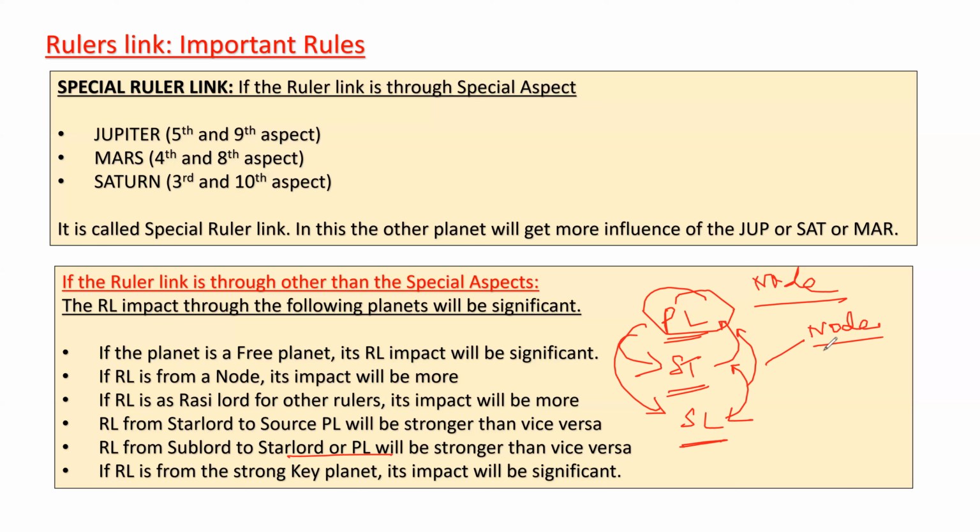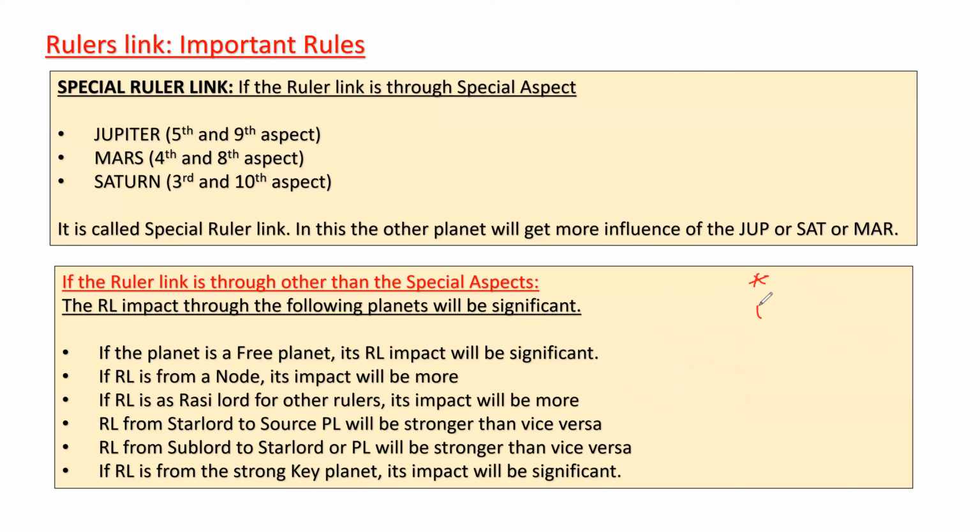If star lord is a node, or a strong key planet, it means star lord is a very good key planet for the particular event that is forming ruler link to the sublord. Then the influence of that planet will be more. It means the RL from the strong key planet is important. So if a planet is a free planet, or a node planet, or a key planet, the impact will be stronger. I hope you would have understood.